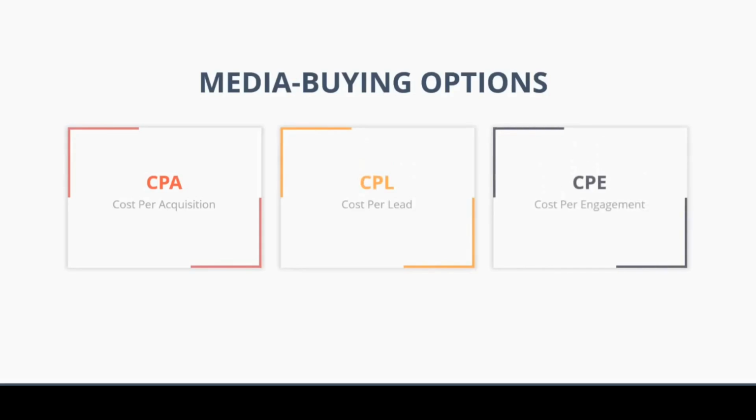Then there is also CPA, which is cost per acquisition, CPL, which is cost per lead, and CPE, which is cost per engagement. These are some of the metrics that you would be looking at when working on a campaign.